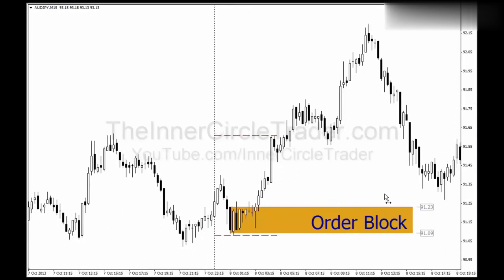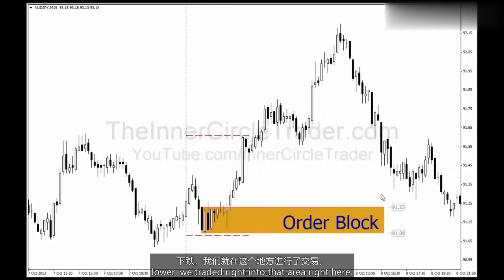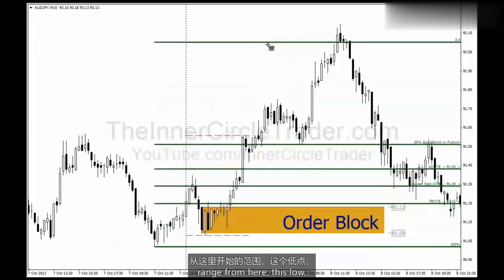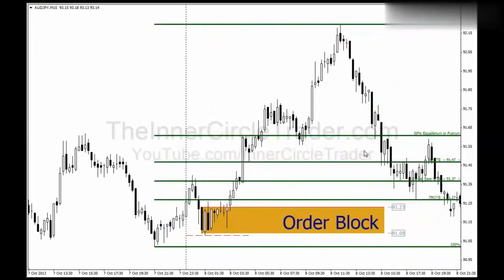So as price moved lower, we traded right into that area right here. Okay, now we have this price swing here and retracement. So if you take the range from here, this low to this high, you can see price right here at the 79 percent retracement level, and we dipped right inside that existing order block.